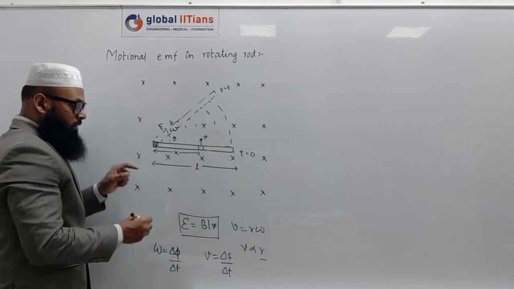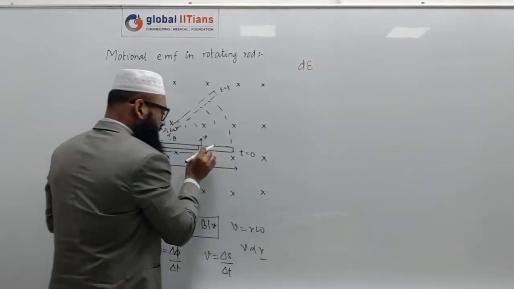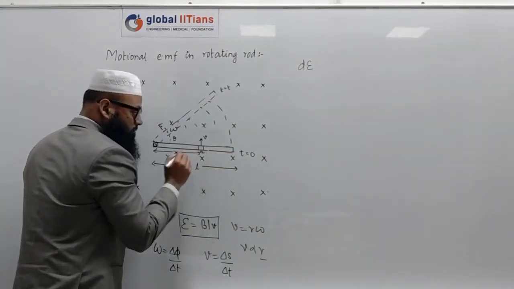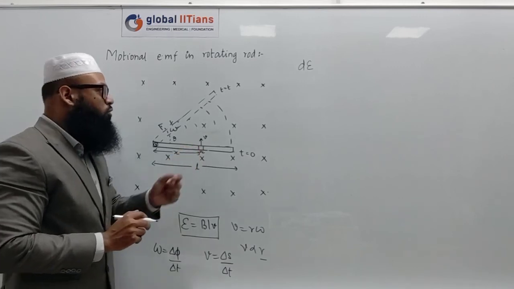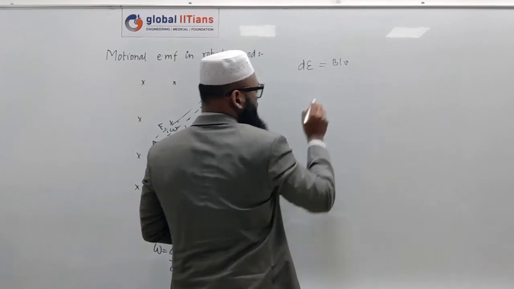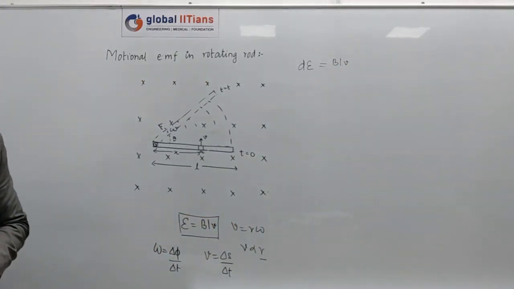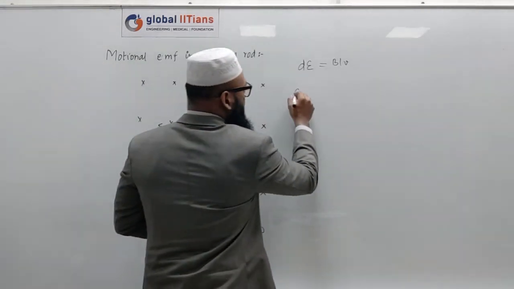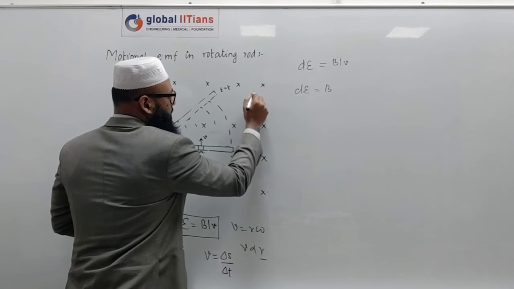Now the small EMF induced in this dx element is going to be BLV. We'll write all the terms. What is B, what is L, and what is V? B is the magnetic field, a constant one.